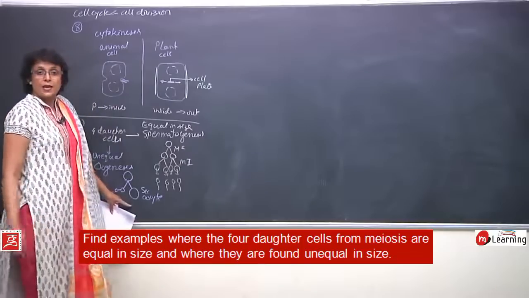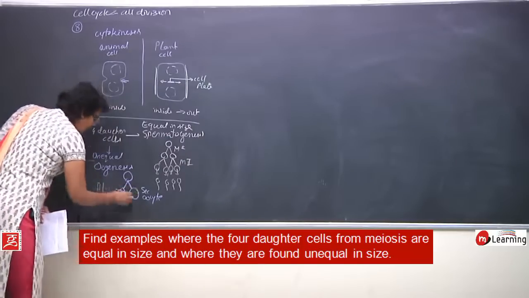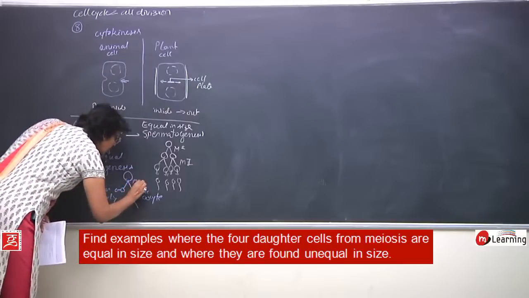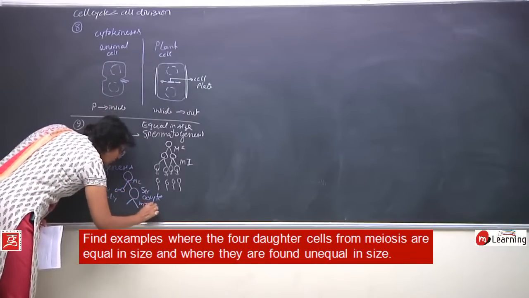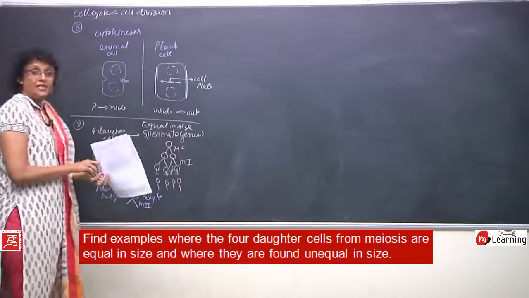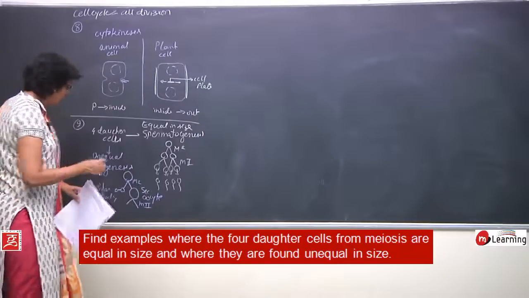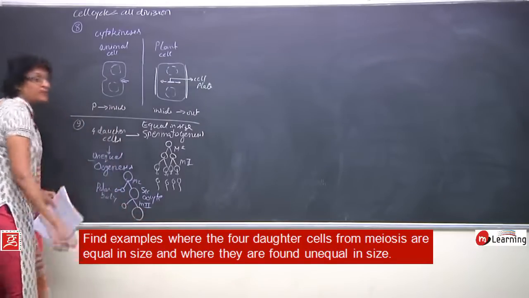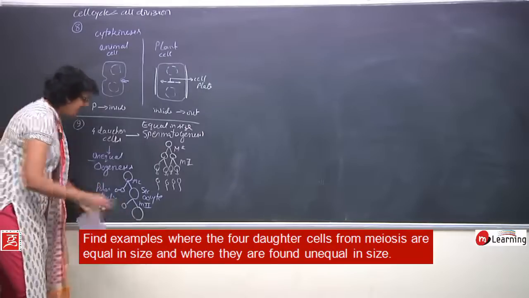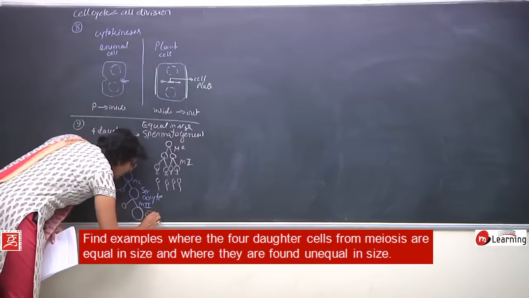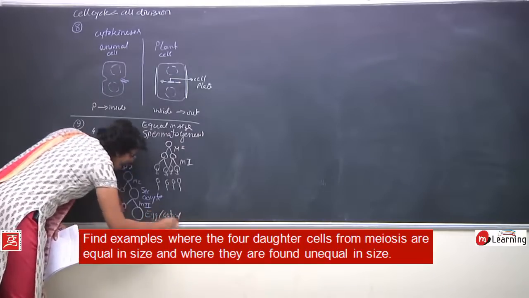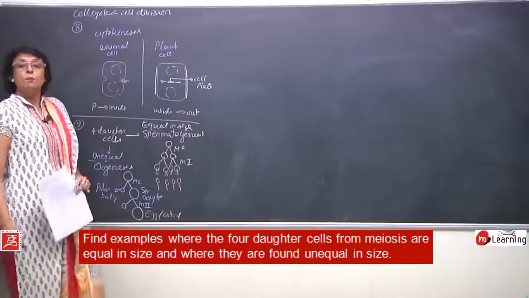This secondary oocyte, which is a larger cell, and this polar body, they may also undergo meiosis 2. So, this is meiosis 1, meiosis 2. Again, when this large cell, secondary oocyte, undergoes meiosis 2, it again produces one big cell and one tiny cell. So, this big cell which is produced is the egg or ootid, and the smaller cell is again polar body.